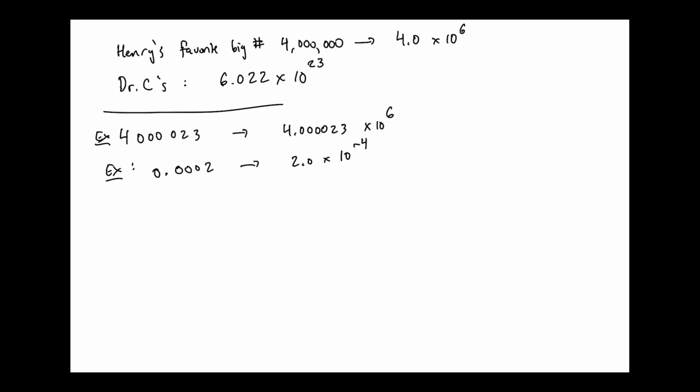So here's a really tiny number. Okay, this is the universal gravitational constant. It happens to have units, but we don't really care about the units for now. I just take that as an example of a really, really tiny number.